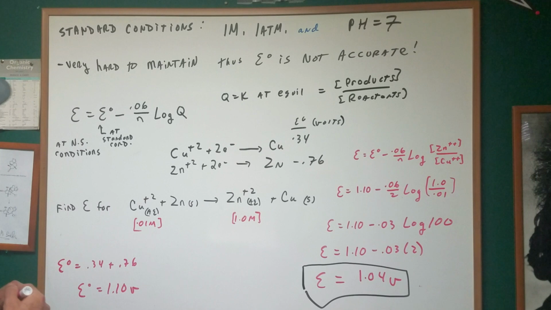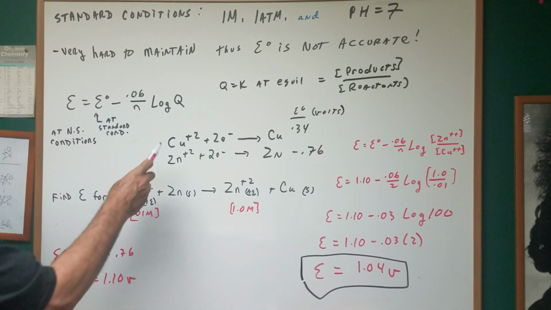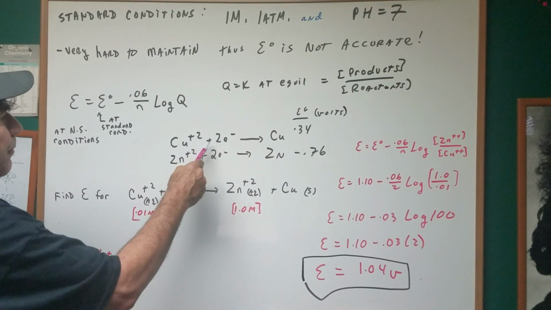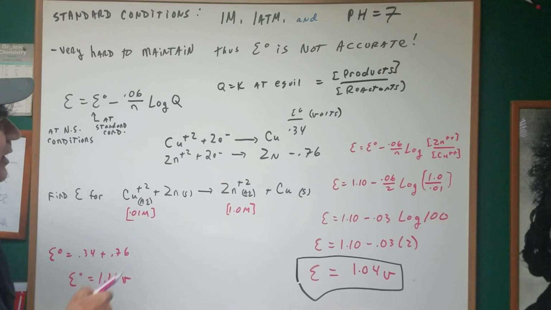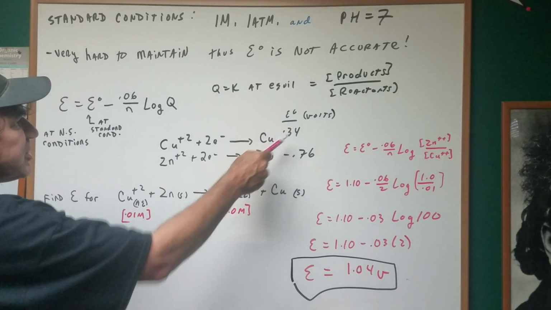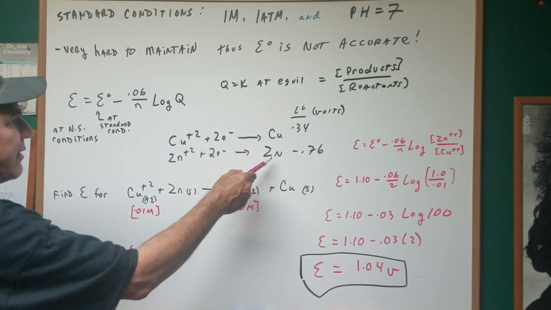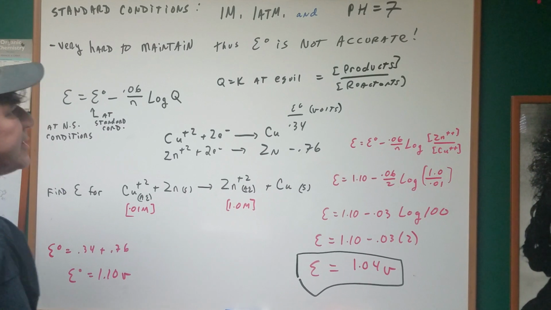All right, let's do an example. I'm going to give you 2 half cell reactions. Cu2+ plus 2 electrons gives Cu, and the voltage is 0.34 volts. Zn2+ plus 2 electrons gives Zn, negative 0.76 volts.